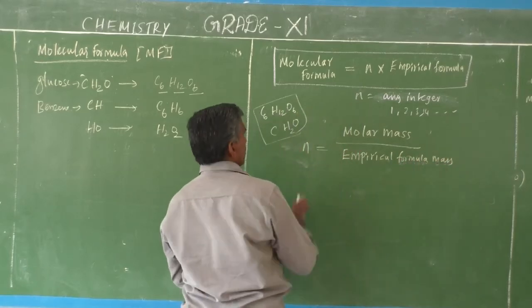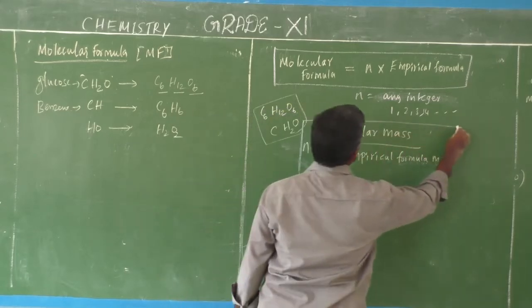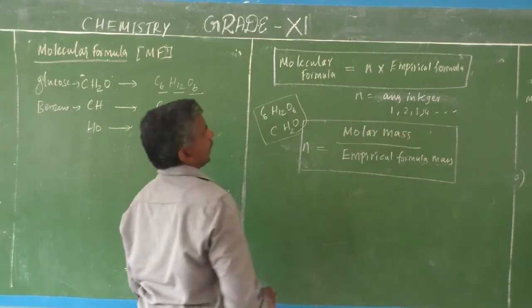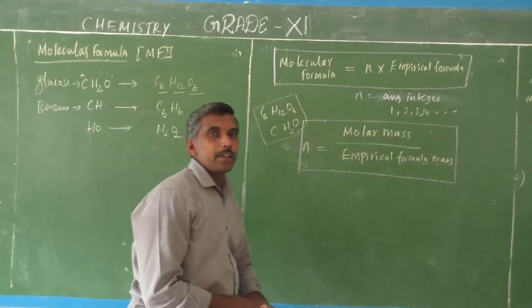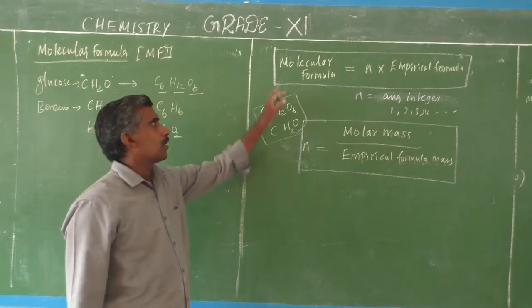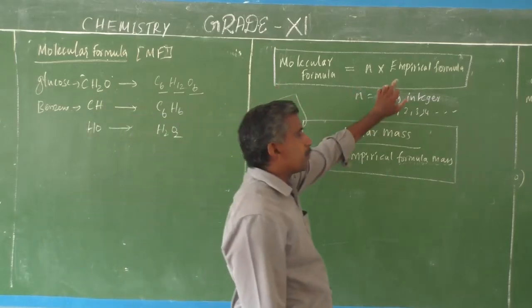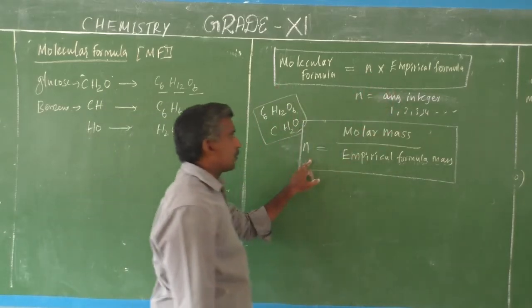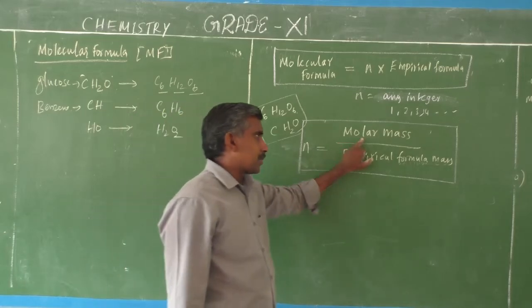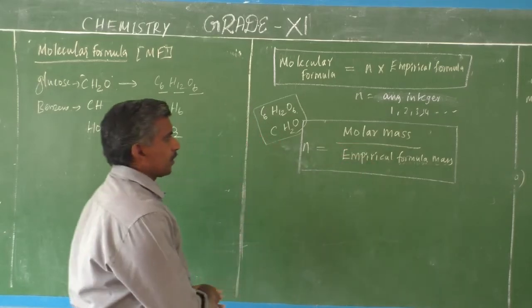For example, glucose, C6H12O6. First, the relation: molecular formula is equal to n into empirical formula. The n value is equal to the molar mass of the compound divided by the empirical formula mass of the compound.